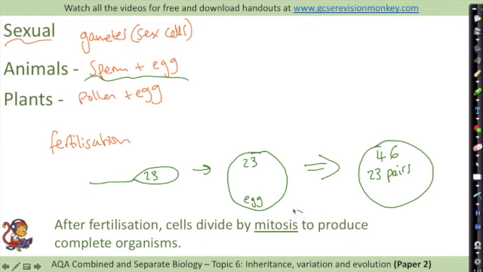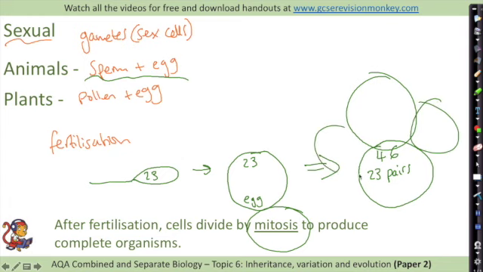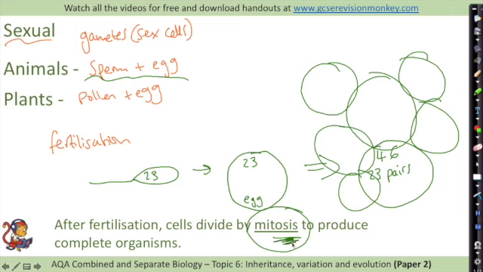And then, like it says here, after fertilisation, that cell will then start to divide, and again until they make an embryo and then a full organism. And that cell division is mitosis.